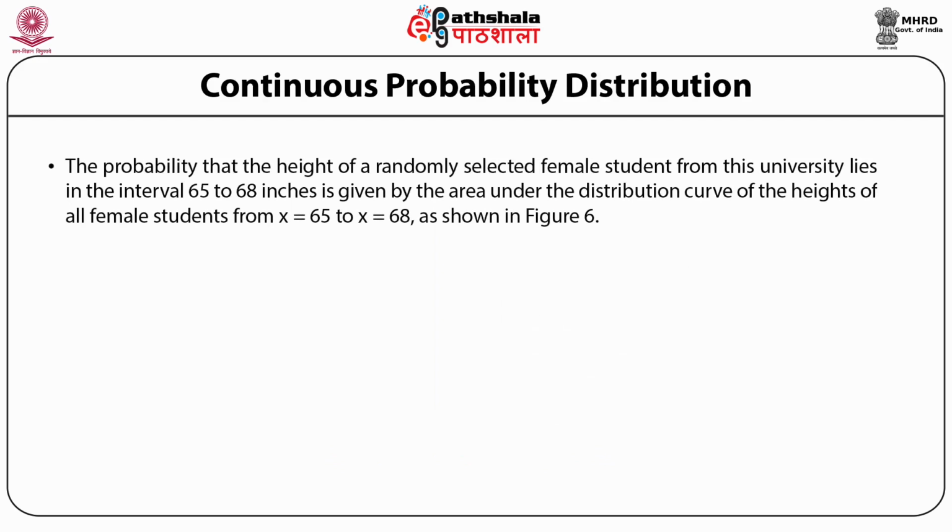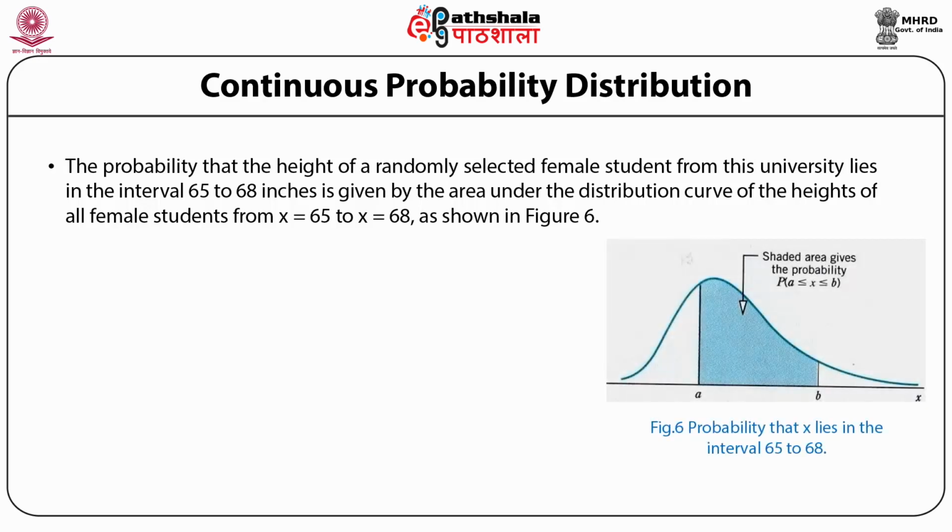The probability that the height of a randomly selected female student from this university lies in the interval 65 to 68 is given by the area under the distribution curve of heights of all female students from x equal to 65 to x equal to 68, as shown in figure 6. The probability is written as P such that 65 is less than or equal to x less than or equal to 68, which states that x is greater than or equal to 65 but less than or equal to 68.